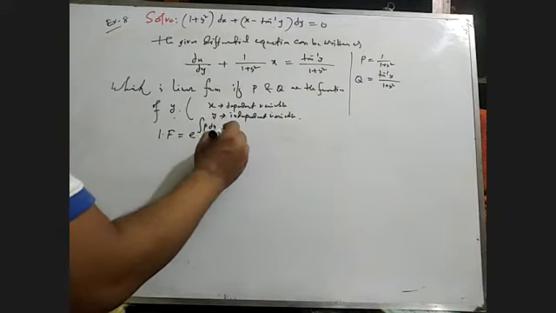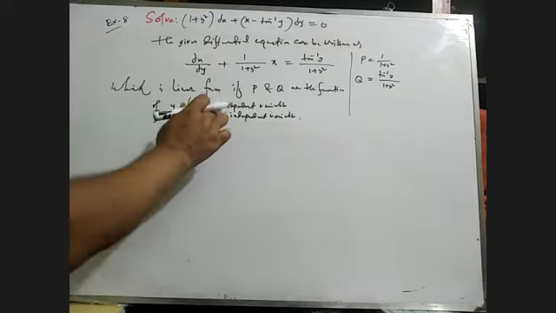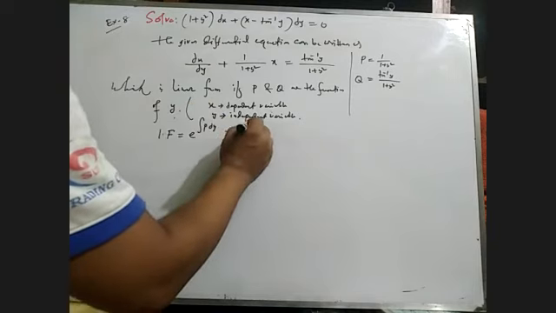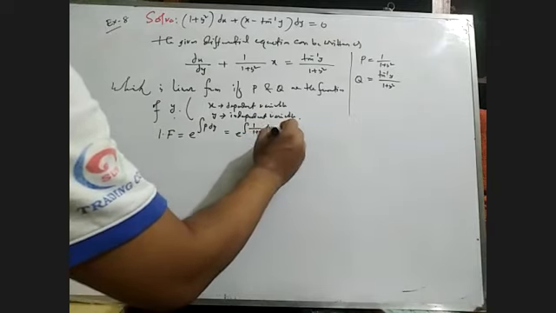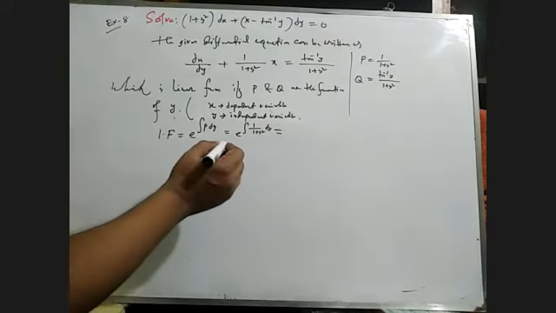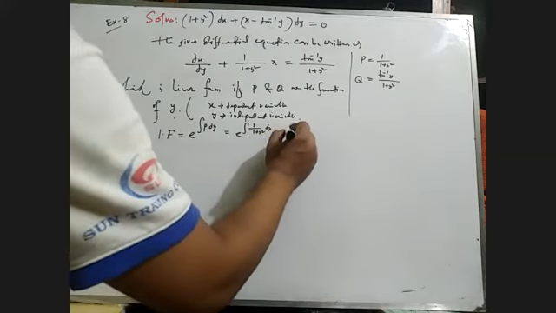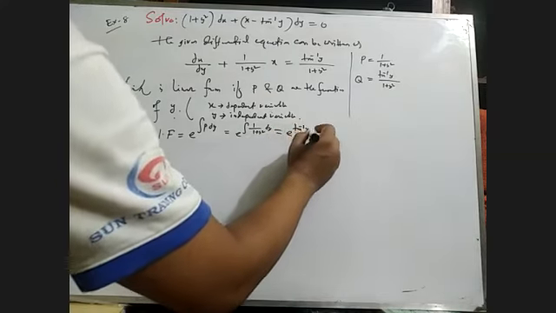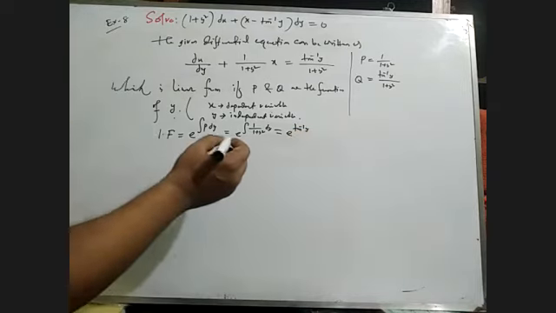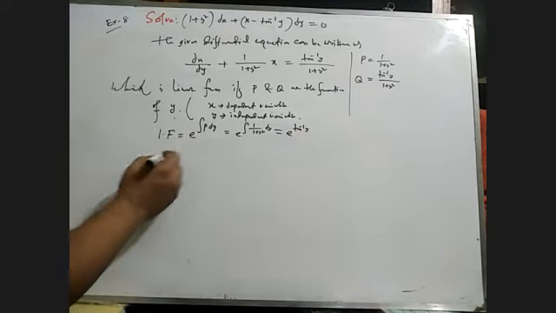You have to remember this because y is the independent variable here. P is 1 by 1 plus y square, dy. The formula for the integral of 1 by 1 plus y square is tan inverse y. So e to the power tan inverse y is the integrating factor.